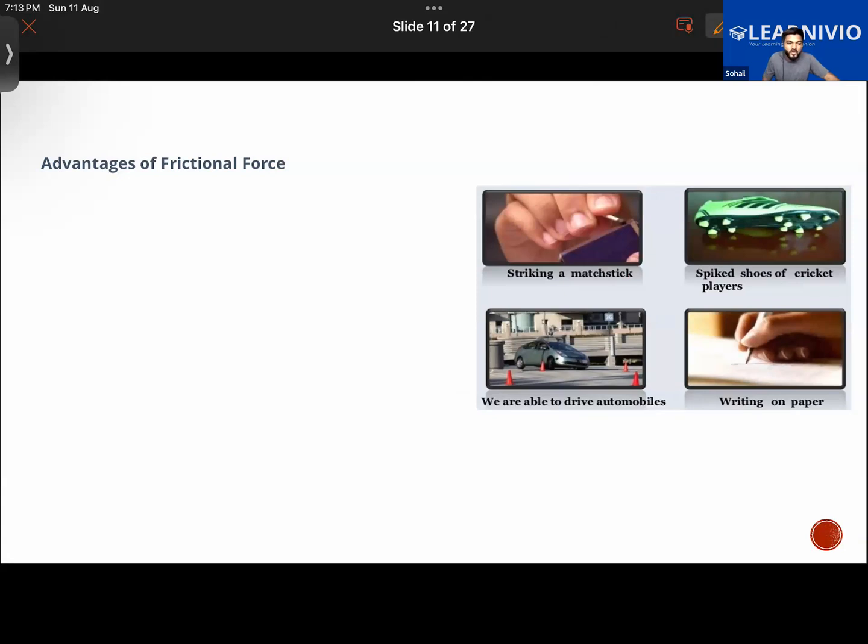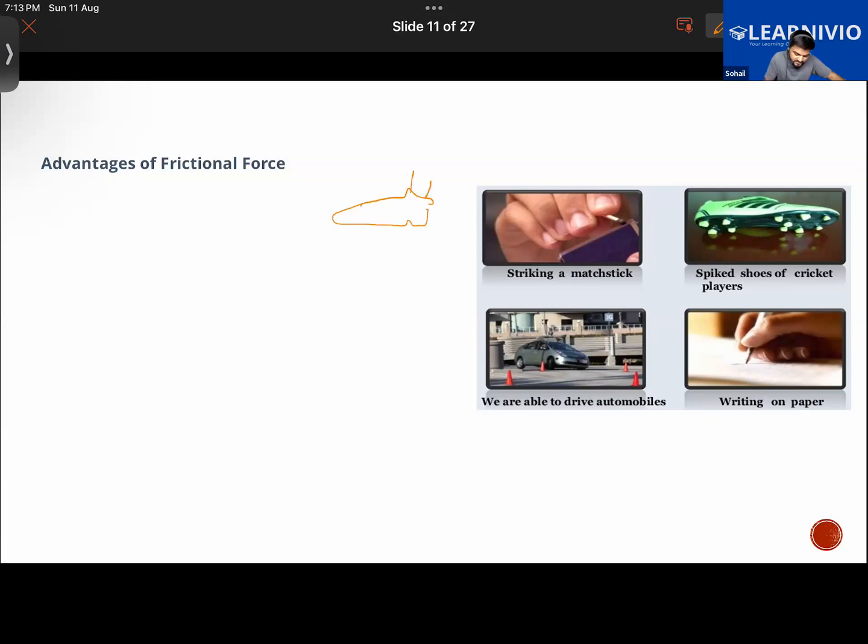We are able to walk because of the friction between the sole of our shoe or slipper and the ground. So it stops us from slipping. If there were no friction between the sole of our shoes and the ground, we would not be able to walk.